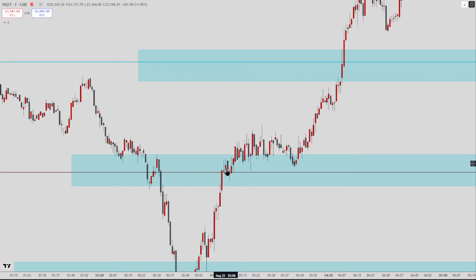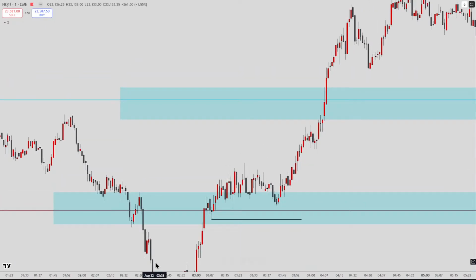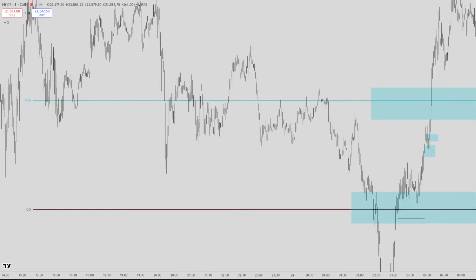Well, this isn't part of the consolidation, but say it was, and you wanted to see that low swept and you didn't get your entry. What are you looking for now? You trade higher, you're looking for price to trade into an order block. Like I said earlier, this is the third and final trading opportunity of price swings. That's this order block, that's this order block. See what I mean?